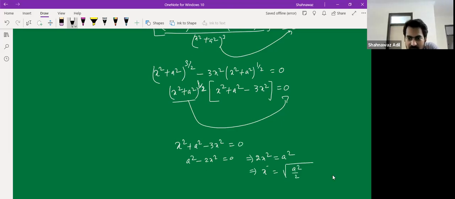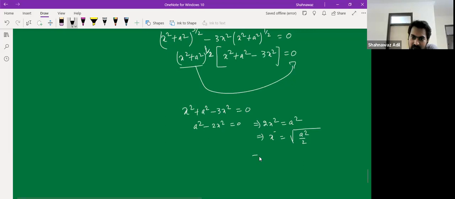So what would be this value, guys? So this would be plus minus a by root 2. Here we have to take the distance of x as plus a by root 2. So plus minus would be the two solutions of this root, right?